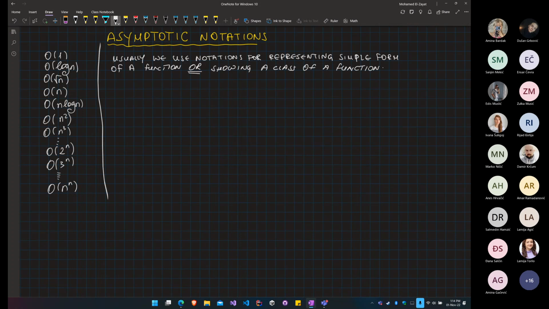So this is what the asymptotic notations are for. You show a classification of these functions. We simply say what type they are, what category they are.